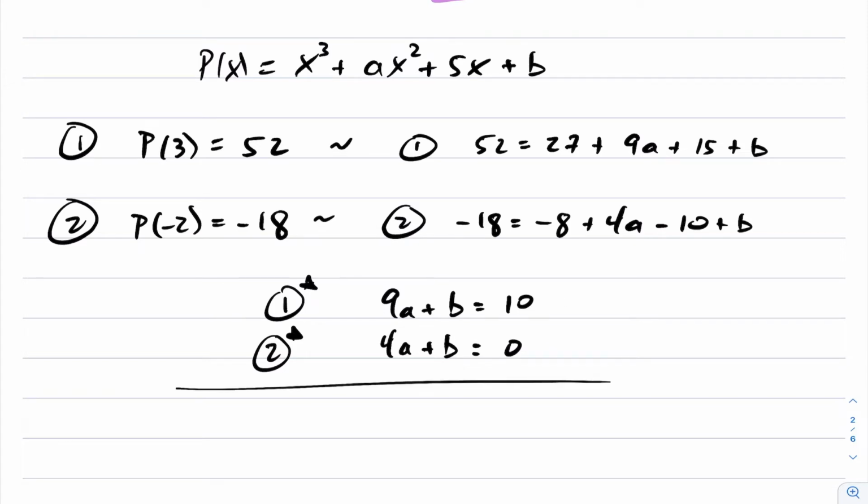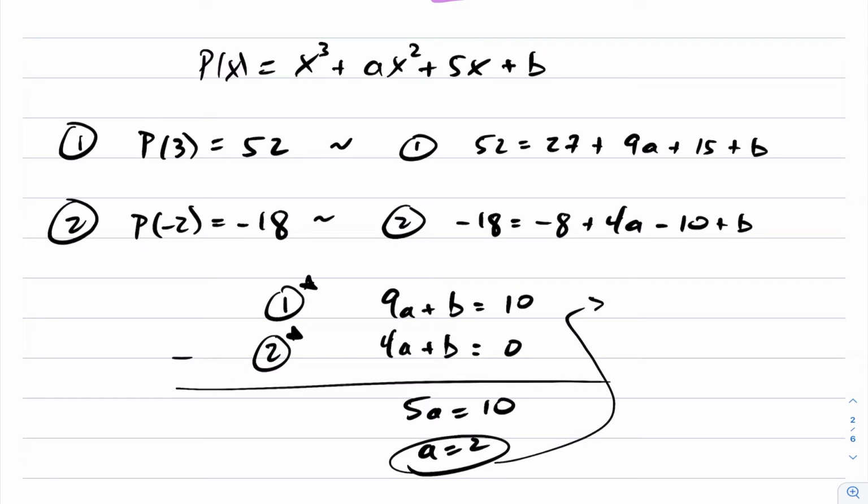You can solve this using substitution or elimination. I'm going to do elimination. Doing subtraction, we could eliminate the b's, in which case I get 5a equals 10, so my a value is 2. Substitute this into either equation: 4 times 2 plus b is 0, in which case my b value is negative 8.